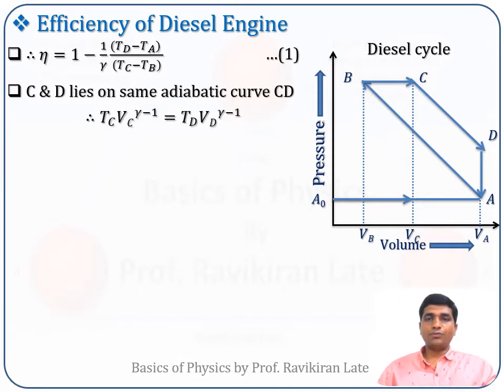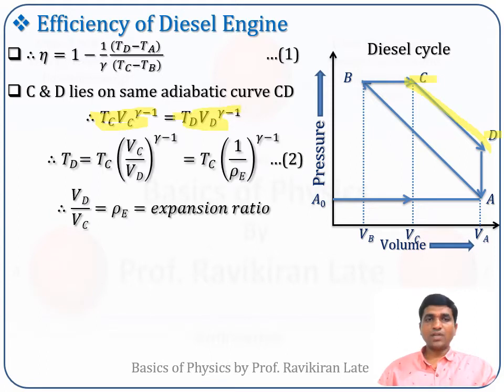Now consider the change CD. During this change CD, the point C and point D lie on the same adiabatic curve. So you can apply the adiabatic relation between temperature and volume, that is Tc Vc raised to gamma minus 1 is equal to Td Vd raised to gamma minus 1.